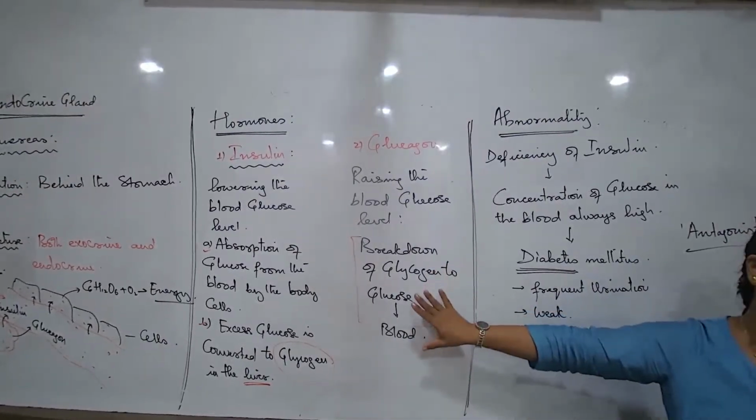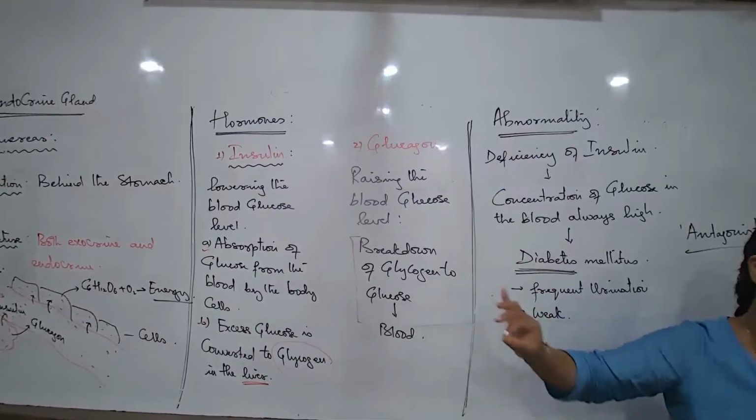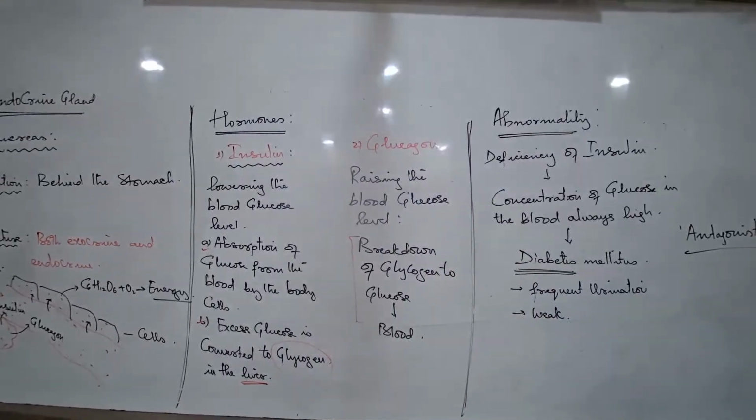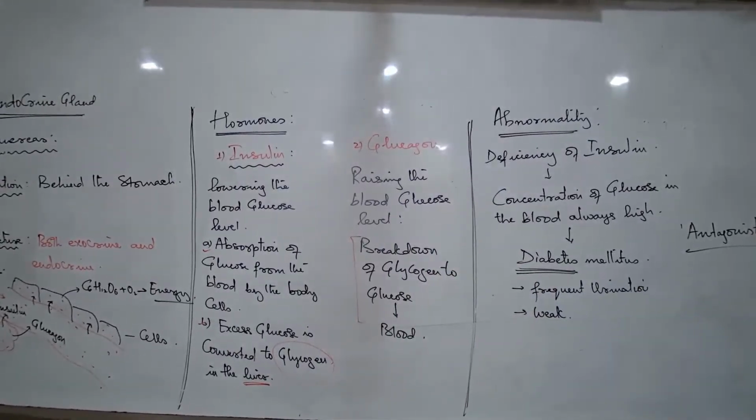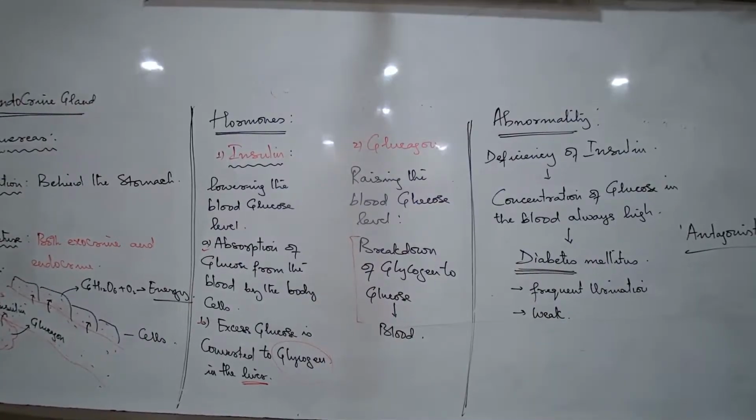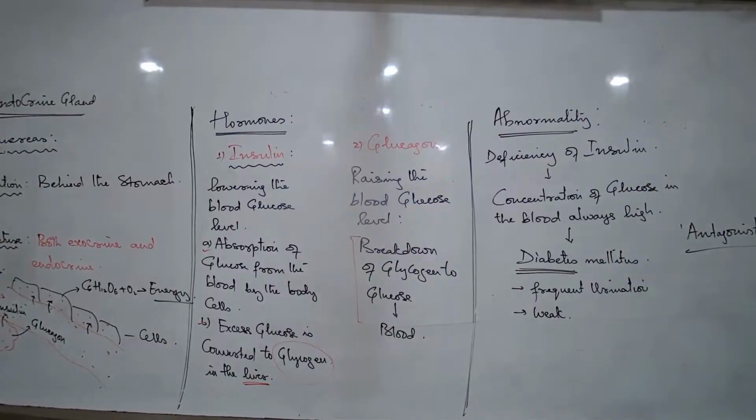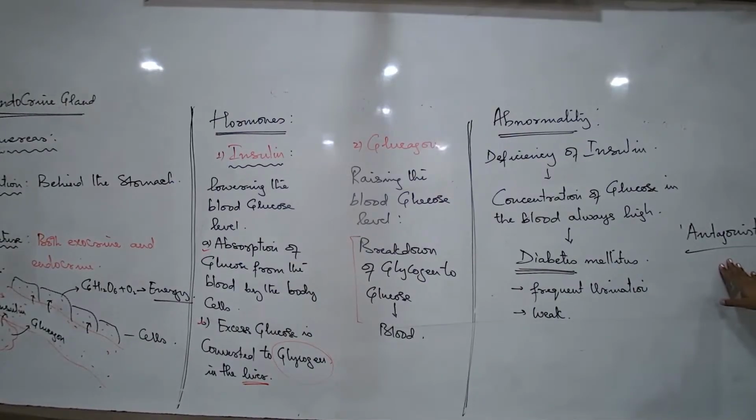In the volume also we have given specific points to answer questions. Read properly and see that you understand. If not, you'll have to raise your questions. Insulin and glucagon are antagonistic hormones.